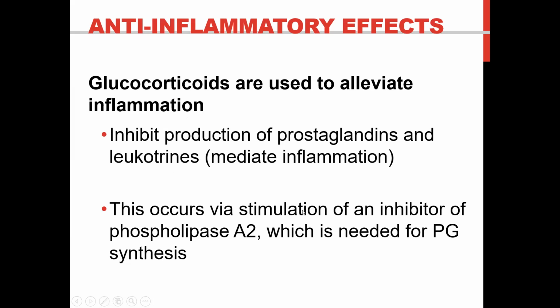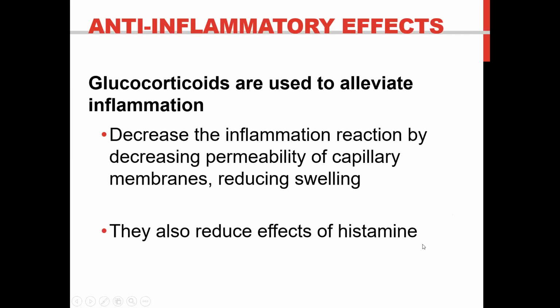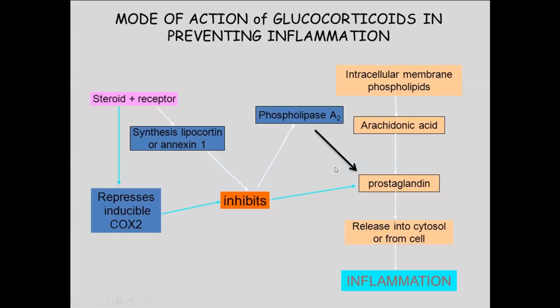So this occurs via stimulation of an inhibitor of phospholipase A2, which is needed for your prostaglandin synthesis. Your glucocorticoids are used to alleviate inflammation, and they also reduce the effects of your histamine. So whenever we say na decrease in inflammation, it will decrease in the permeability of your capillary membranes, thereby it will reduce the swelling.